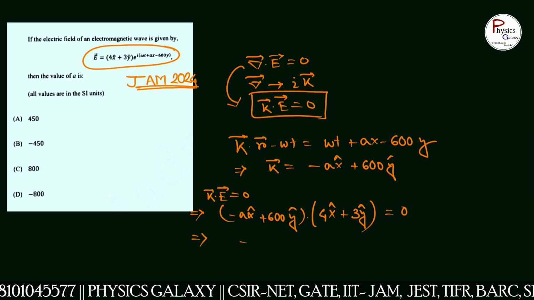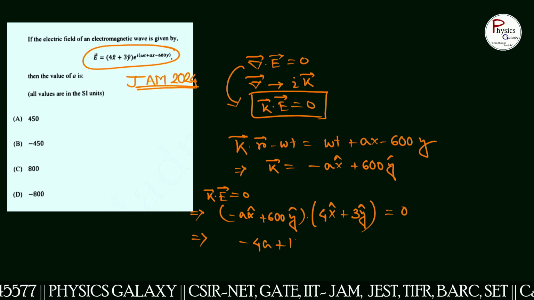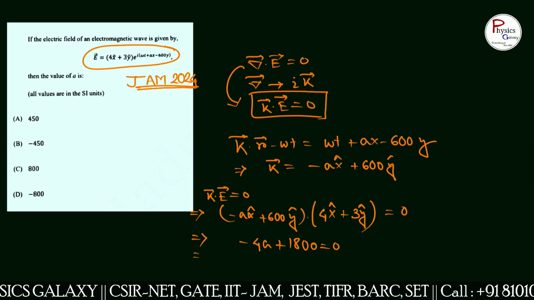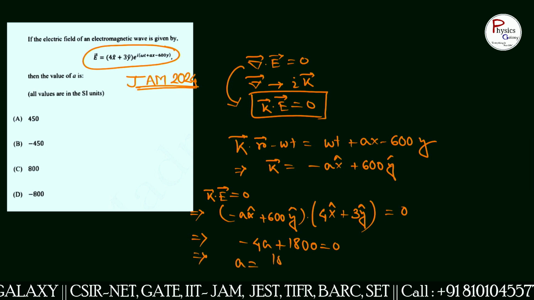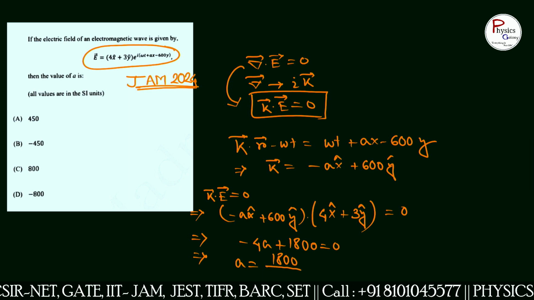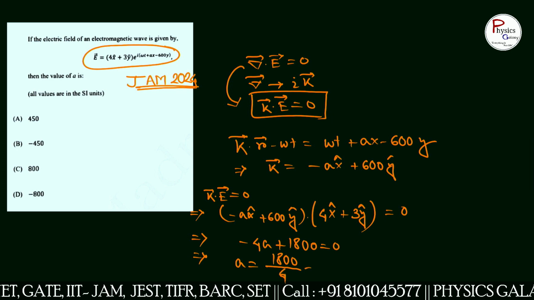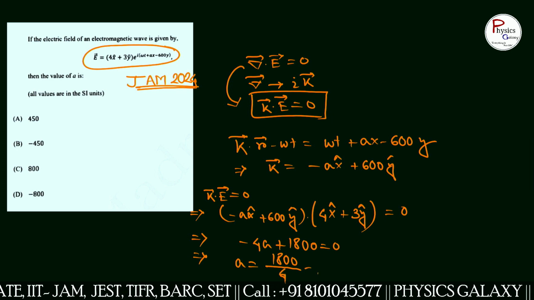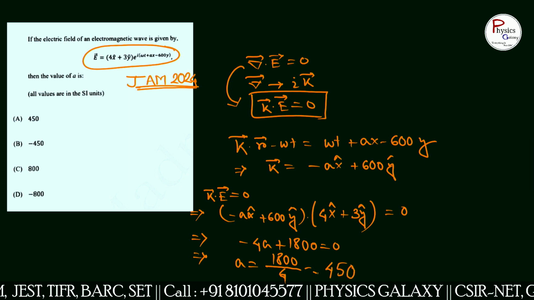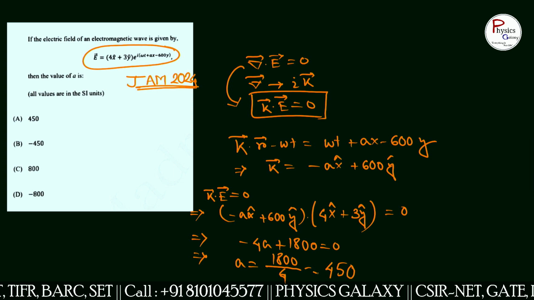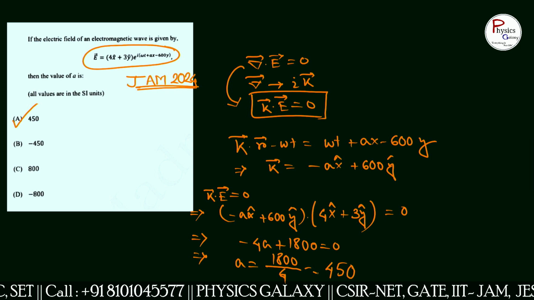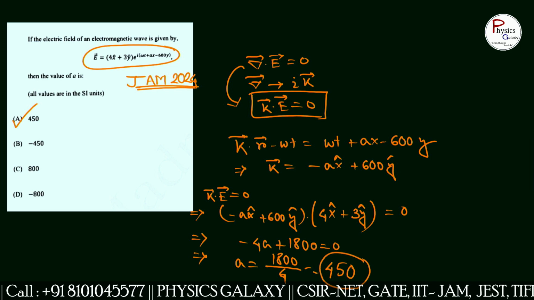After calculation, we get minus 4a plus 1800 equals to 0. Now the a value is equal to 1800 by 4 equals to 450, which was option A here. So the right answer of this question was option A.